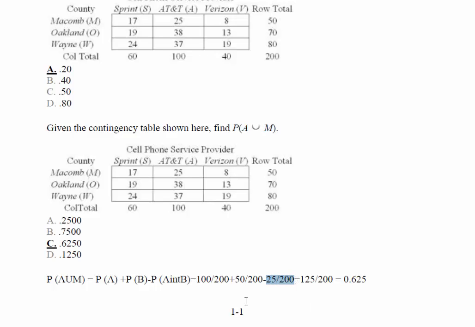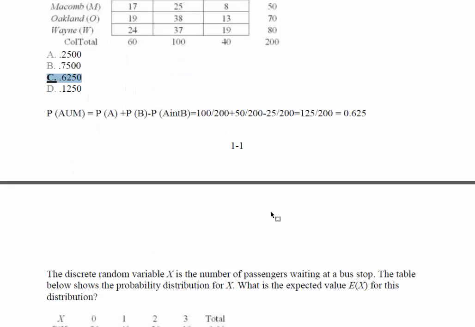If you do the calculation with the common denominator of 200, 100 plus 50 is 150, minus 25 is 125. 125 divided by 200, you get 0.625. Therefore, C is the correct answer. Okay, move on.